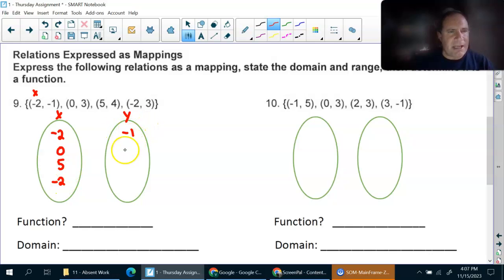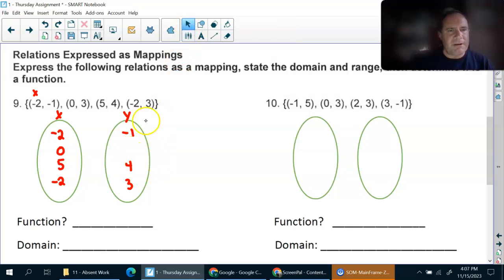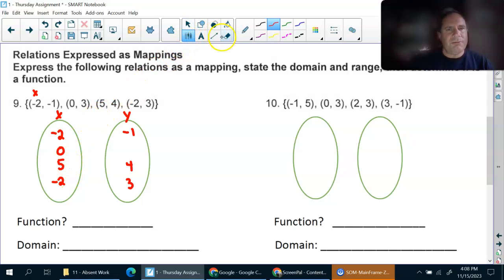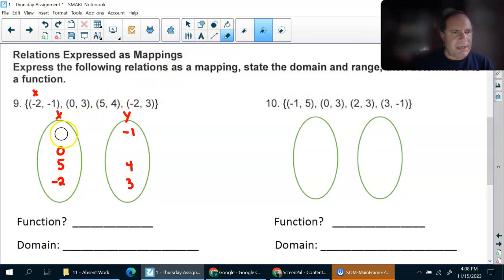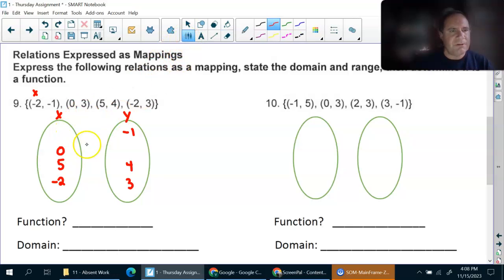So the y's are -1, 3, 4, and 3. You don't repeat, so we're going to get rid of that 3 and just leave the rest the way it is. All right? We don't list numbers twice, so I'm going to erase that -2.